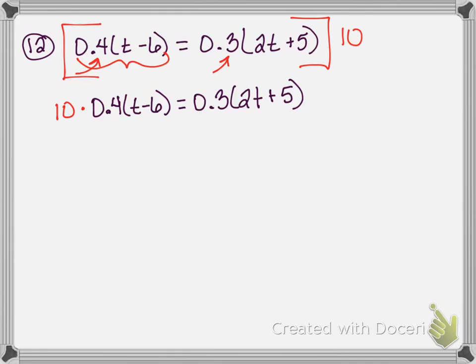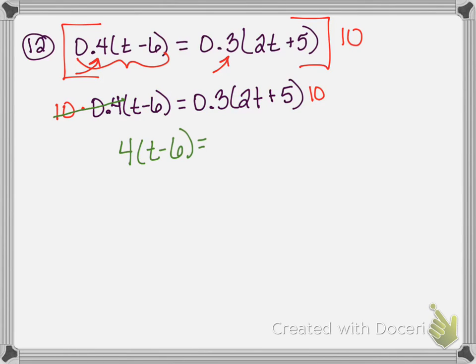But I really only have 1 grouping on each side. So 10 times 0.4, it's going to simplify to 4. But once I've multiplied these two together, I don't deal with them anymore. I just deal with the 4. So now I'm left with 4 times t minus 6.